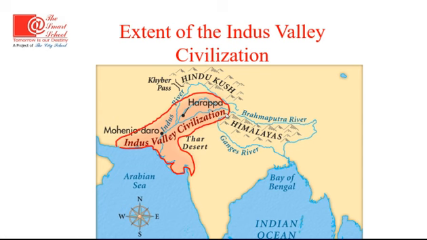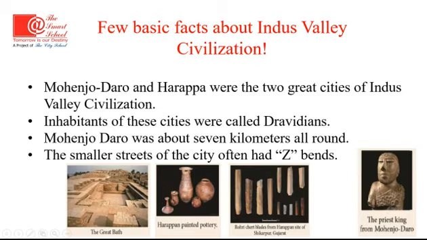So this area shows us the extent of Indus Valley civilization, and two important cities of this civilization are also highlighted here, Harappa and Mohenjo-daro.